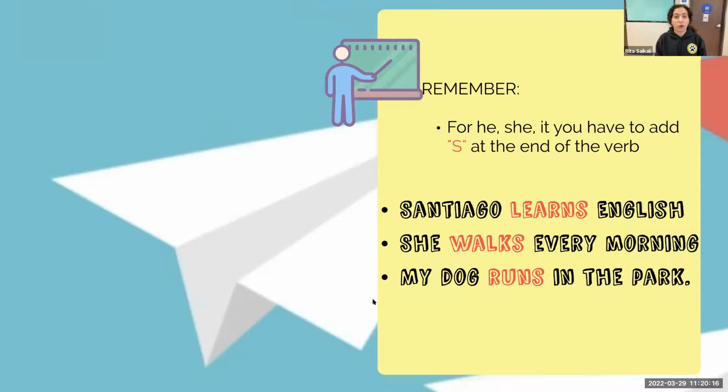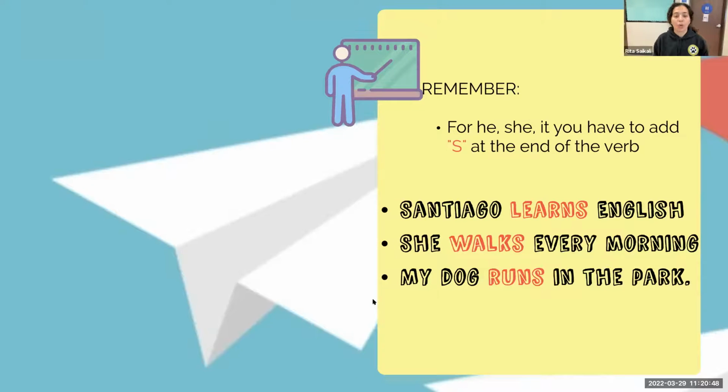But si no es la tercera persona singular, no vamos a poner un S, solo el verbo mismo. So the verb as it is. So if you are writing a sentence, for example, she walks every morning. Walk is the verb. Because she is third person singular, we add an S at the end of the verb.